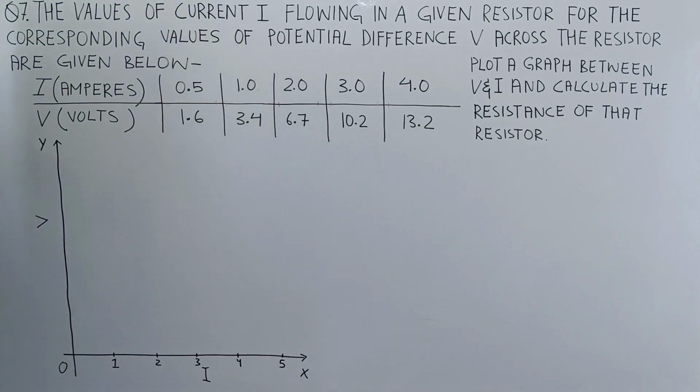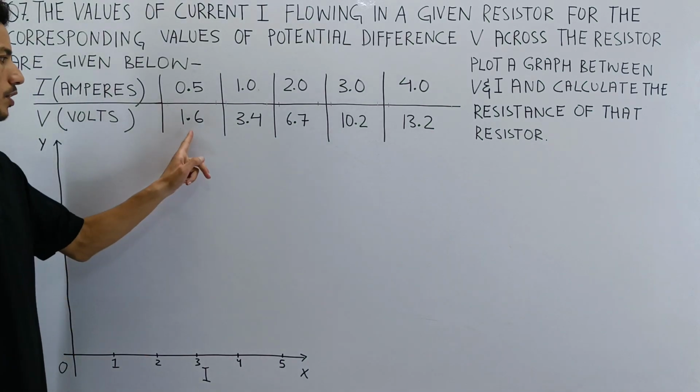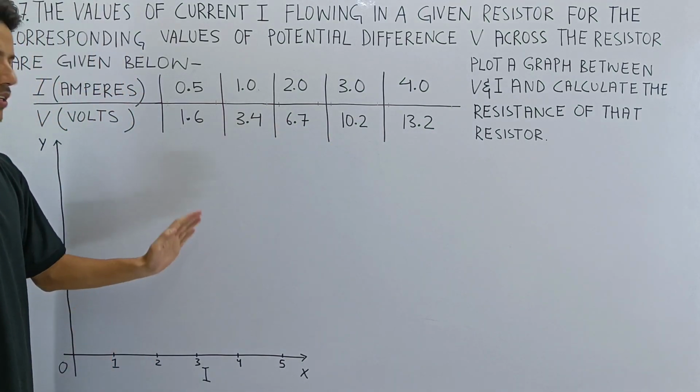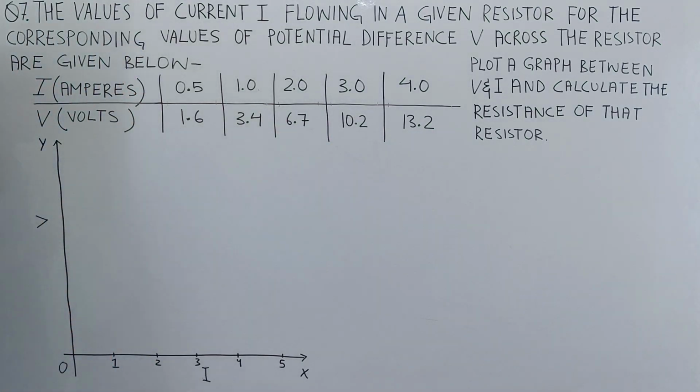Now on the y-axis, let's look at the values. We have 1.6, 3.4, 6.7, 10.2, 13.2. If I use 1, 1, 1, 1, it will be very congested. So let me go for 2. Even if I take 2, will it be alright? 2, 4, 6, 8, 10, 12, 14.